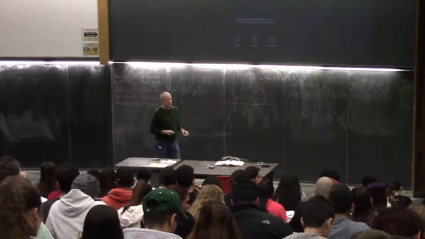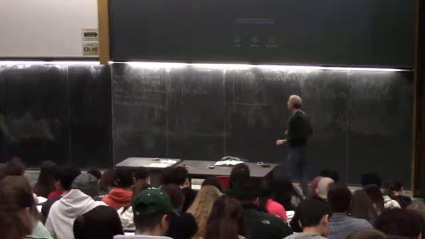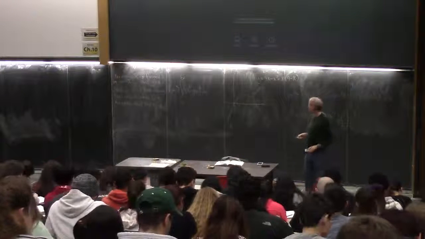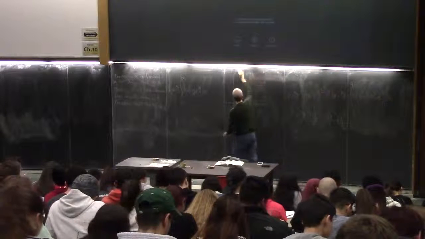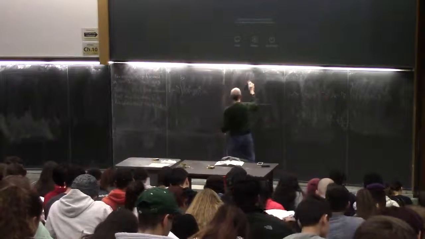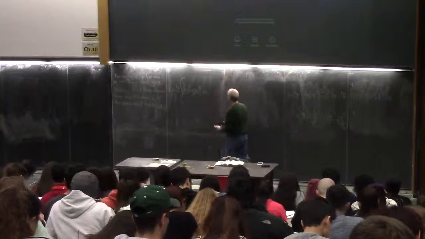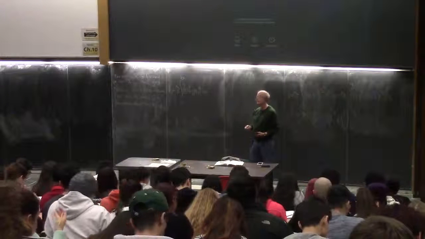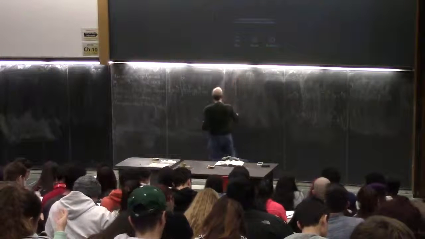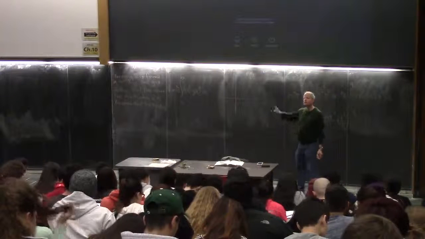Okay. Let's say we were going to do the region between y equals x squared and y equals x. y equals x is just a straight line.